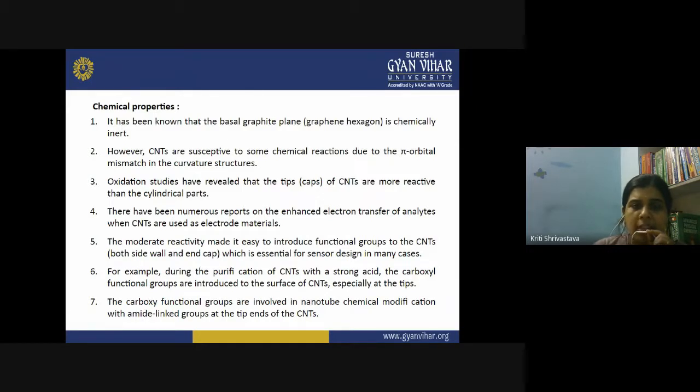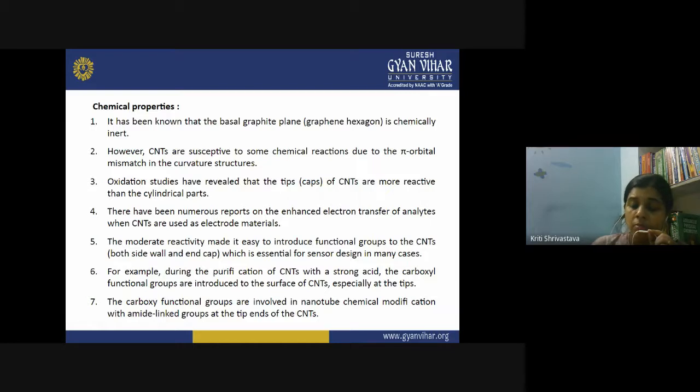So the moderate reactivity made it easy to introduce functional groups to the CNT. In order to capture a certain analyte, for binding a recognition element, or to sense some specific molecule, you need to introduce some functional group on the surface of your electrode, and that we have seen in case of chemically modified electrodes.